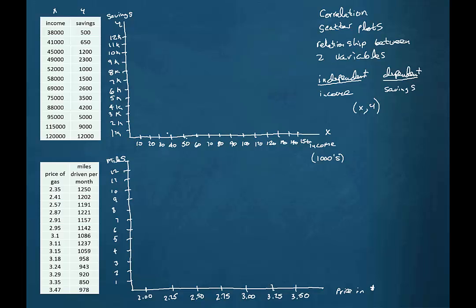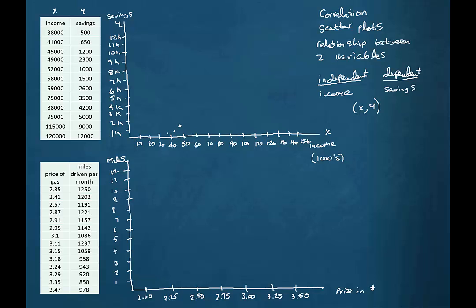Our next ordered pair would be at 41,650. So about there. And then at 45,000, 1,200, about here. And we can see that we have a bit of an upward trend happening here, and we would expect that. We would expect that as income increases, so does savings increase.